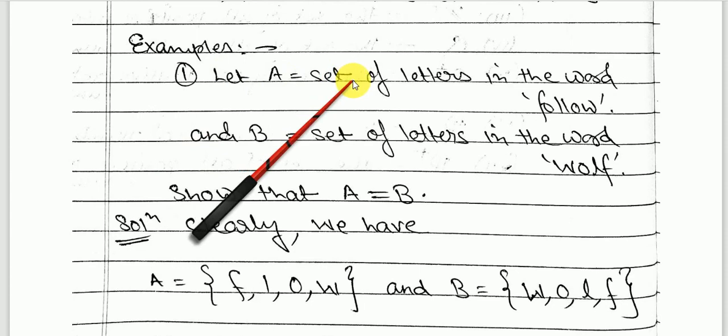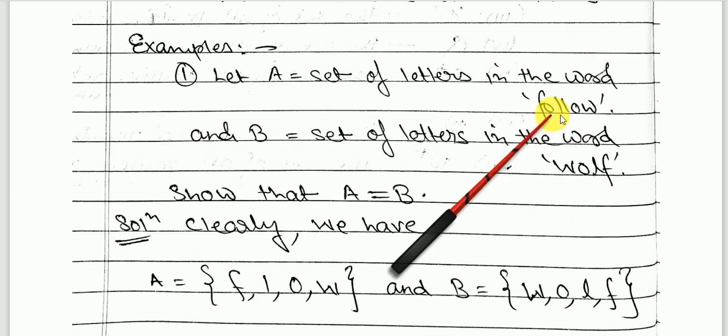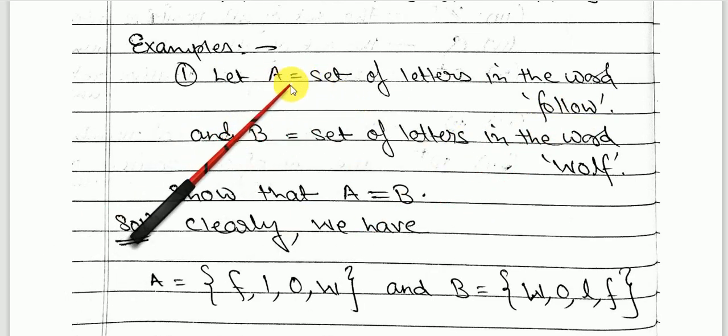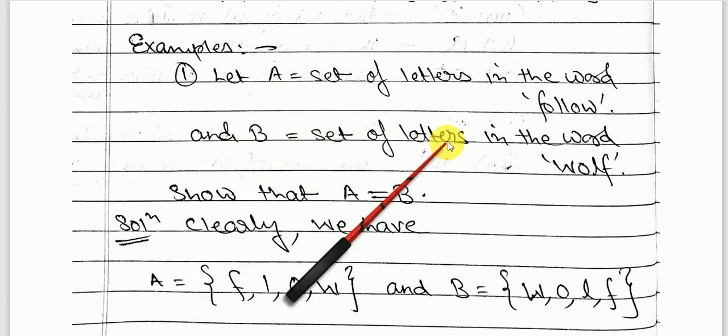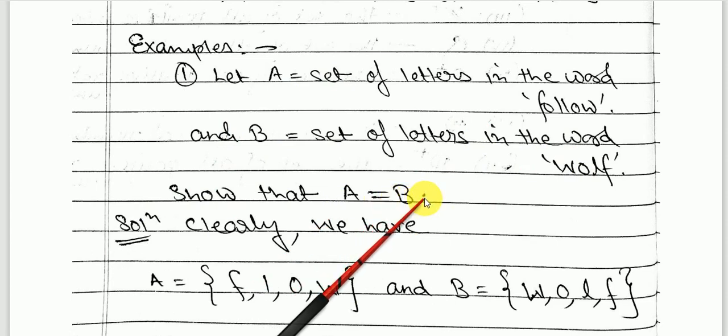Examples: let A be the set of letters in the word follow. So how many letters are there in the word follow? We have to write in set A, and set B is the set of all letters in the word wolf. Show that the sets A and B are equal.